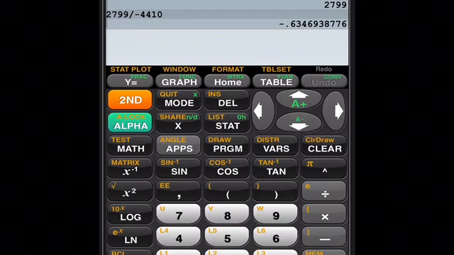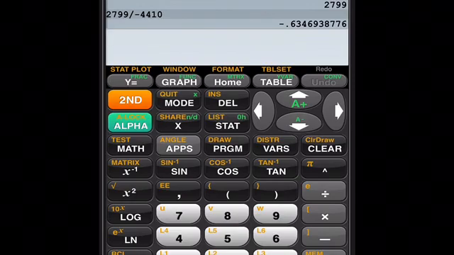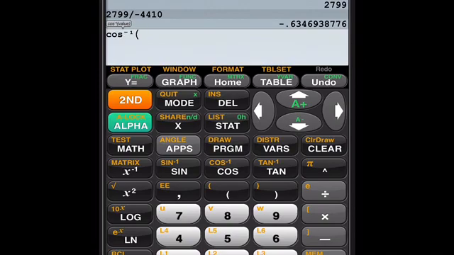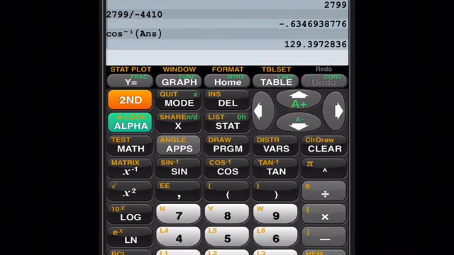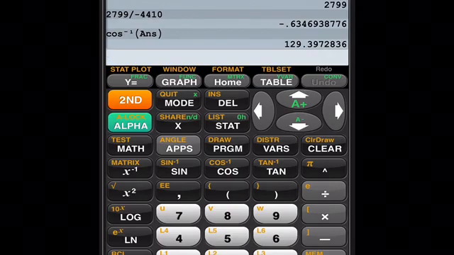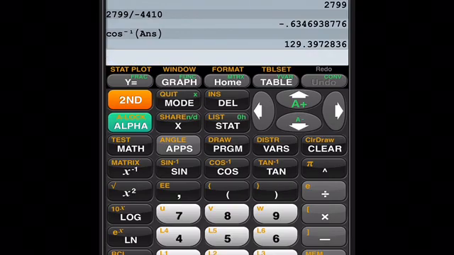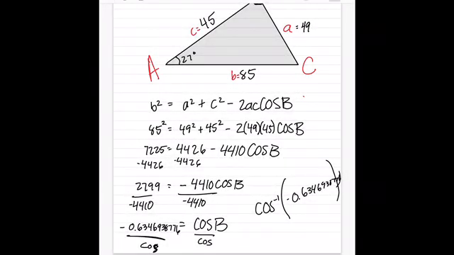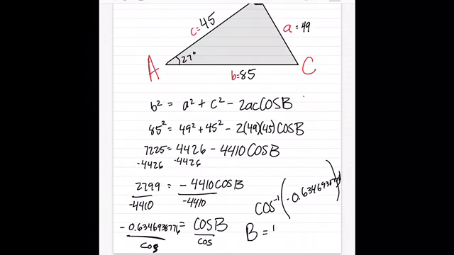All you have to do is find the inverse cosine function, which is the cosine button, but it's the second function, so second cosine, and then second negative sign to insert the answer from the previous question. You hit enter. That rounded to a whole number is 130 degrees. So angle B is 130 degrees.